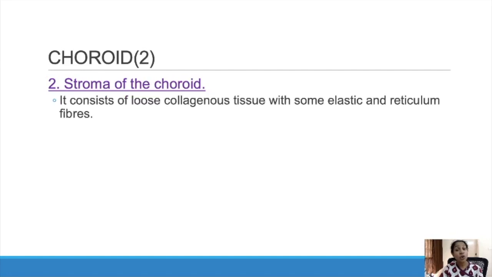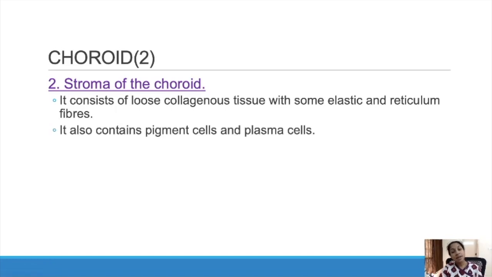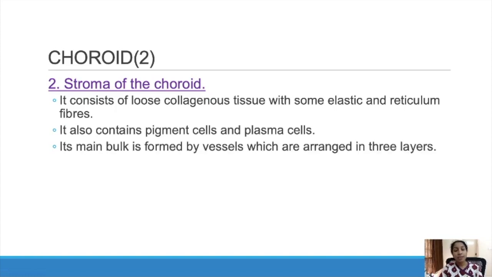Next comes the stroma of choroid. It consists of loose collagenous tissue with some elastic and reticulum fibers. It contains pigment cells and plasma cells, and its main bulk is formed by vessels which are arranged in three layers.